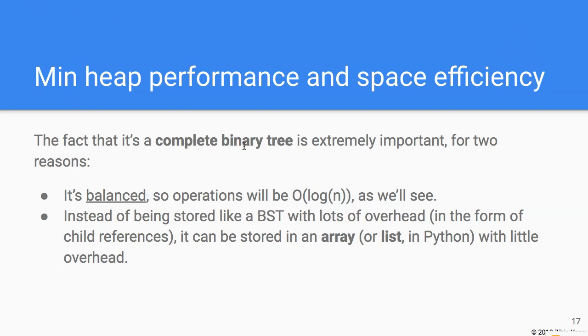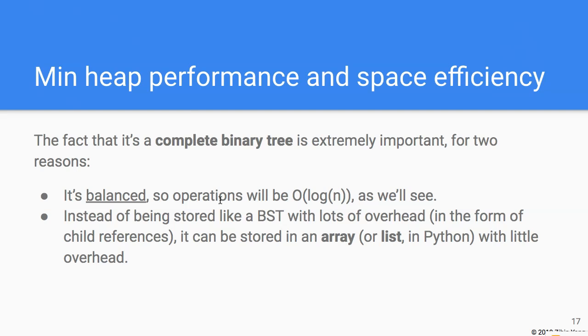A complete binary tree is balanced. So we know that in a balanced binary tree, most of the operations will be O(log n).